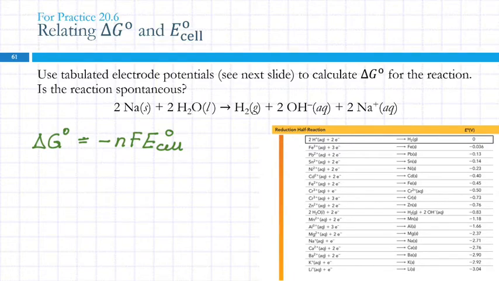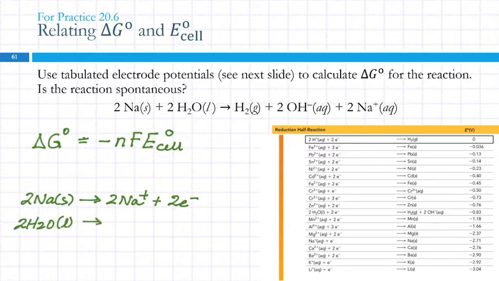So I've got 2 Na going to 2 Na+ plus 2 electrons. And the other half reaction is 2H2O plus 2 electrons going to H2 plus 2OH minus.